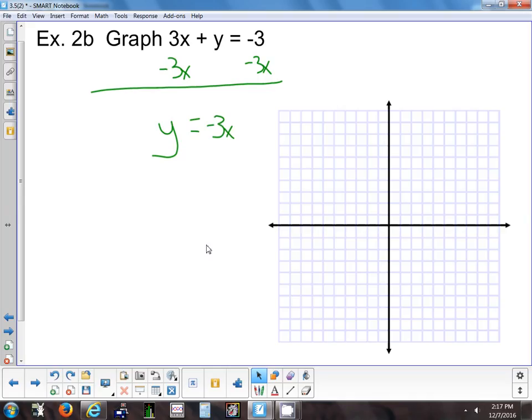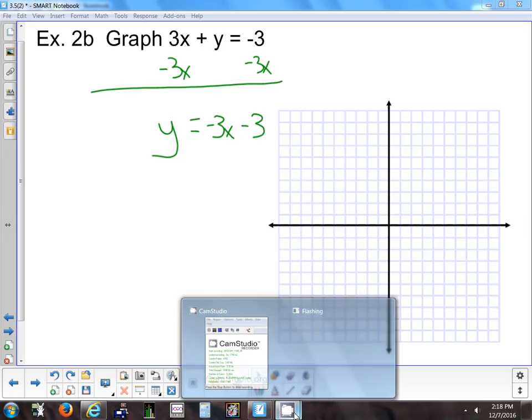What's the last thing I need to do? Marissa? The minus 3, right? Just write that down. I can't combine those like terms. I'm just writing out the fact that I can't do that. Number 1, to keep my equation balanced. Number 2, to get it in the form I want, the slope-intercept form.